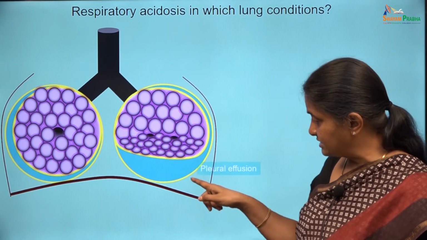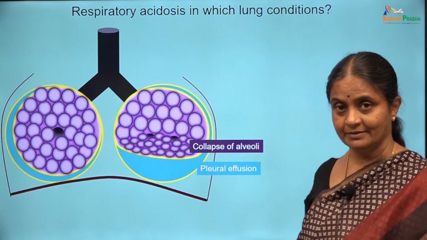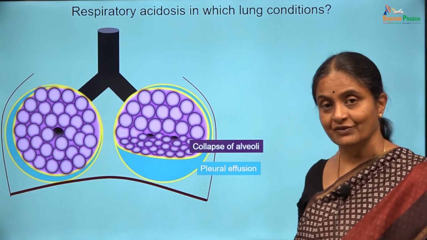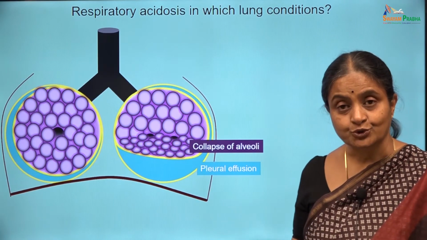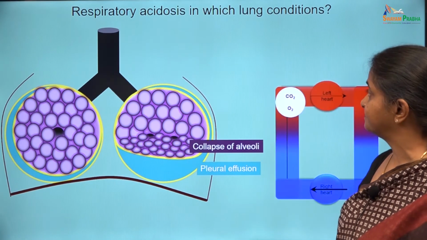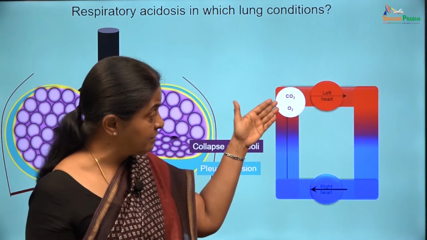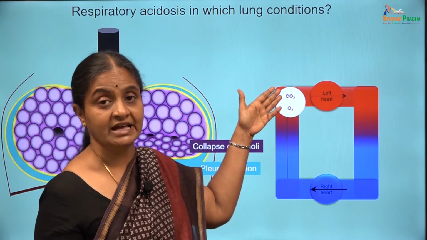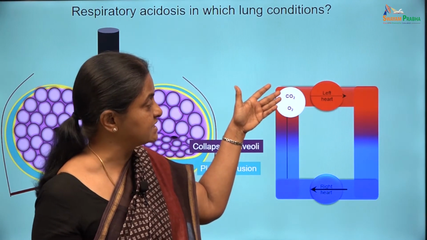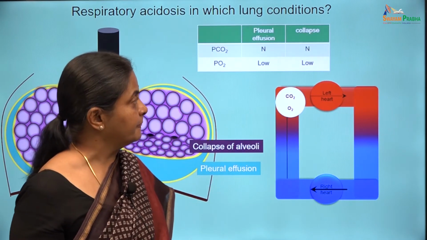So, we can call this pleural effusion and we can call this collapse of alveoli, atelectasis. Will there be a respiratory acidosis in these conditions? What we mean is there may be a decrease in oxygen, but is there an increase in carbon dioxide as well? Only when there is an increase in carbon dioxide, there is going to be respiratory acidosis.